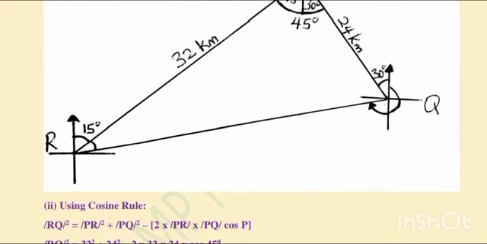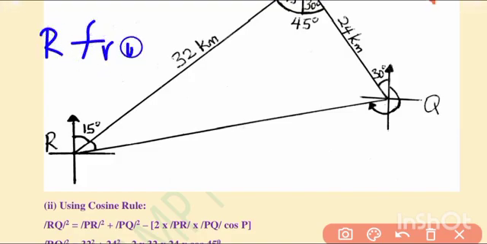Now from this diagram, if we are to find the bearing of R from Q, remember we'll go to Q and we'll read from the north of Q until we get to the line connecting Q and R. So the angle that this blue color indicates represents the bearing of R from Q. Now to find this, we need to know the value of this angle.